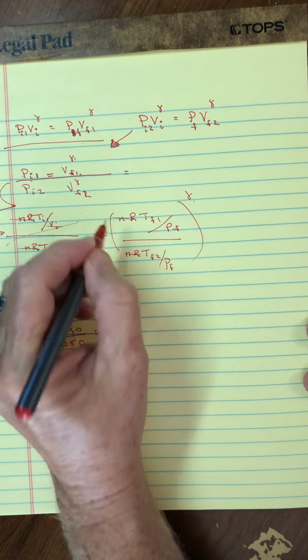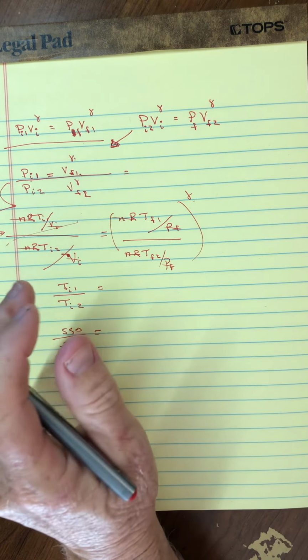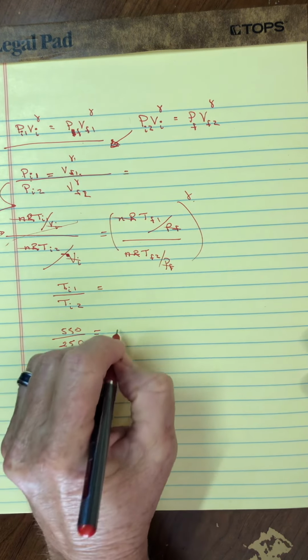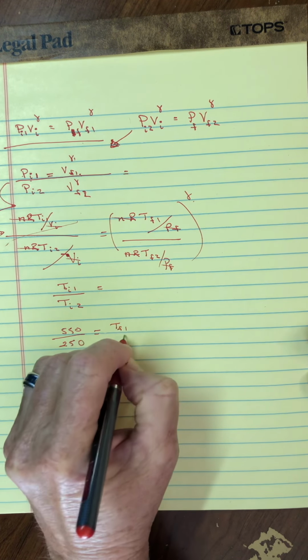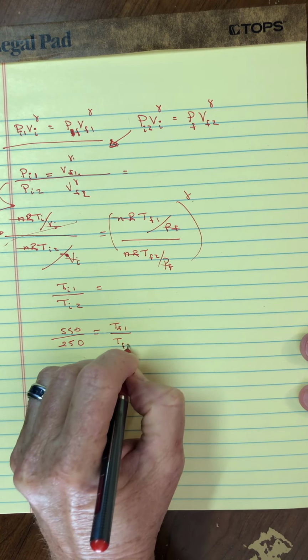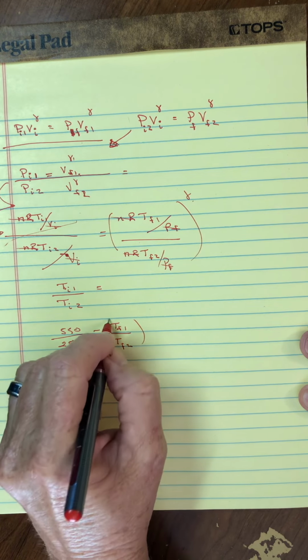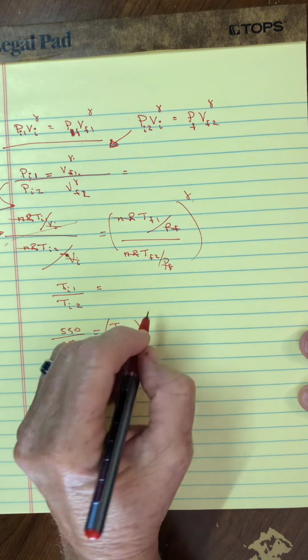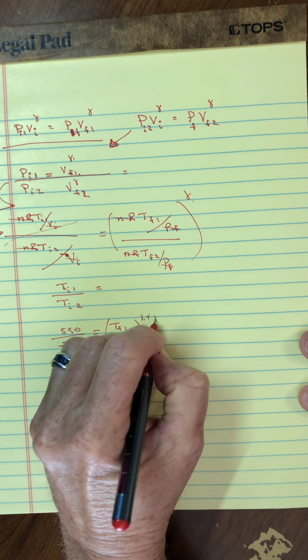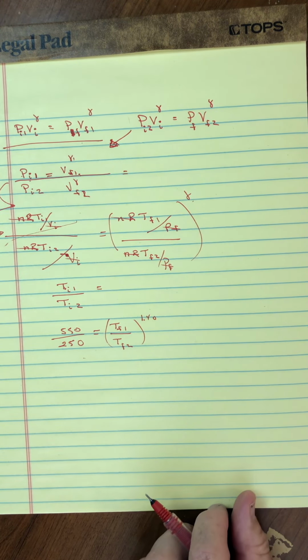And then again, notice the N and the R. Notice the final pressures drop away. And so what we have is final temperature number 1 over final temperature number 2, each raised to a power of 1.40 for our diatomic gas.